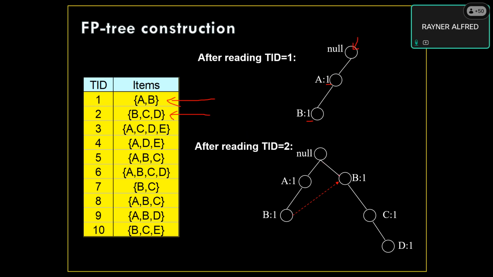So we will have B, C, E, B, C, D. And the one that is the same here, we will have a link. We need to link this one because this is 1, this is 1, so that means the number of B is already 2.